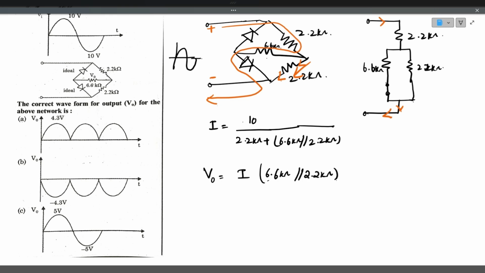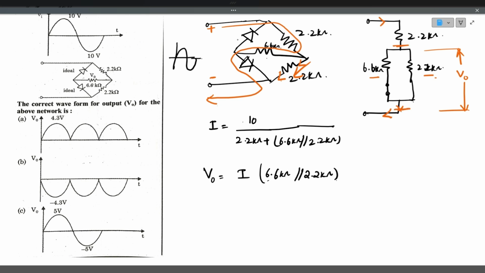Okay, because we need the voltage across this particular thing only. This is nothing but the output voltage. Here he is collecting the output voltage. So the current flowing in the circuit multiplied by this parallel combination. Okay, this portion is output voltage.